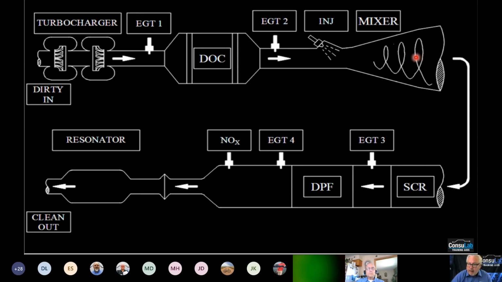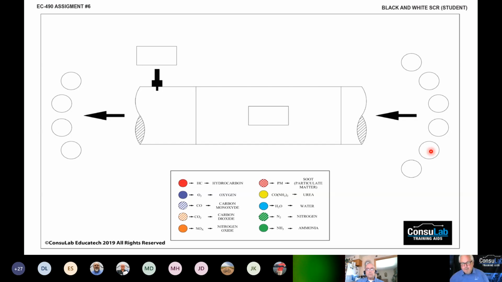Now I put this slide in here as a reminder that we're changing directions, okay? The arrows here are from left to right, and here from right to left. So this is the SCR unit. Coming into the SCR are these things that have gone through the decomposition tube and are moving downstream.